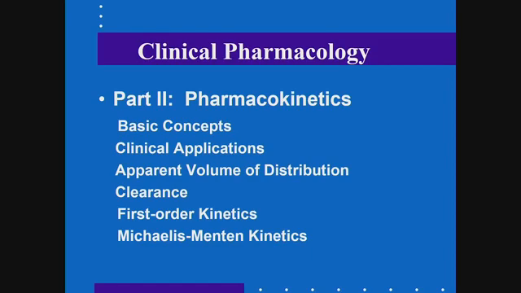Then we will address first-order kinetics. The vast majority of drugs that we use in clinical medicine follow the pattern of first-order kinetics of drug elimination, but there are exceptions, and that would lead us to discuss Michaelis-Menten kinetics for drug elimination.